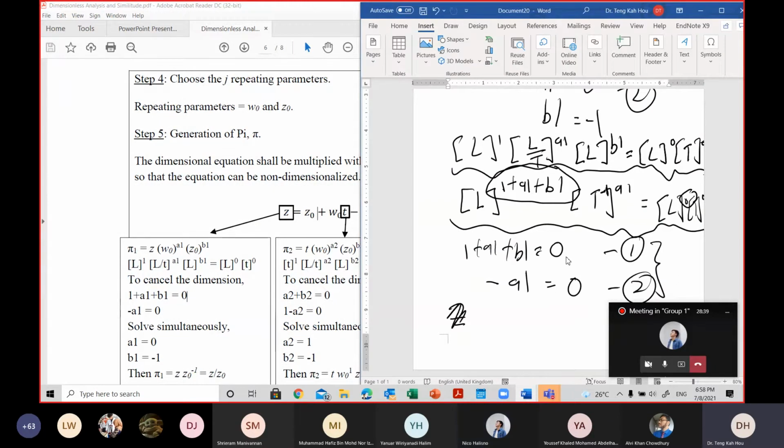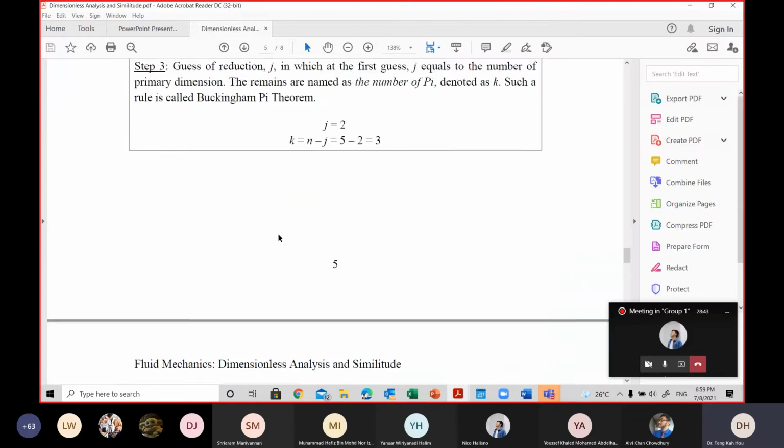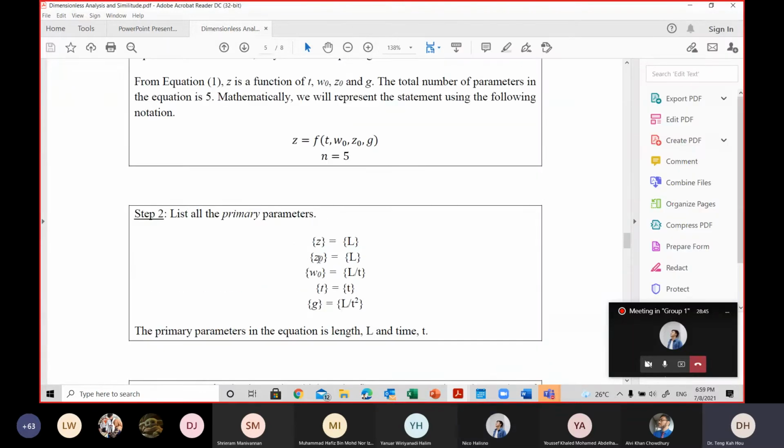You can choose any of these: Z, Z0, W0, T, G, any of these. But of course, you need to choose either of these as the repeating parameter.